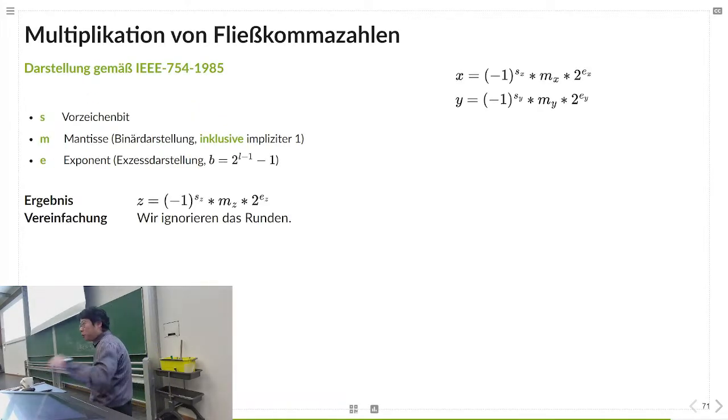When you want to multiply these two numbers, then AZ is AX plus A epsilon, right? And MZ is MX multiplied with M epsilon. And we are done with that. So multiplication, as I said, is much easier to understand.